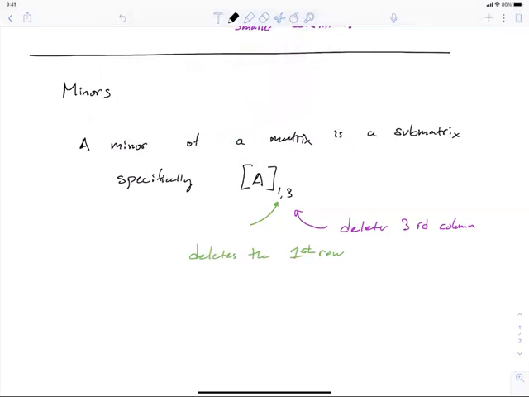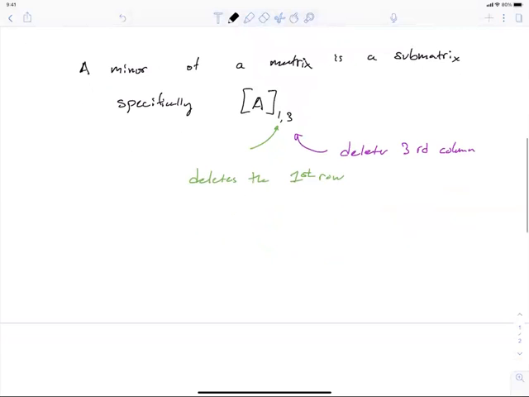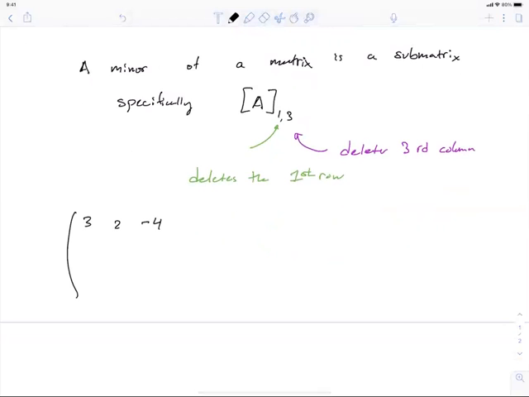So let's just do an example. What does this look like? For example, if we have the matrix, these matrices are going to be big today because we want to generalize these formulas. So if you have this matrix, the 1, 3 means we're going to delete out the first row, and we're going to delete off the third column.